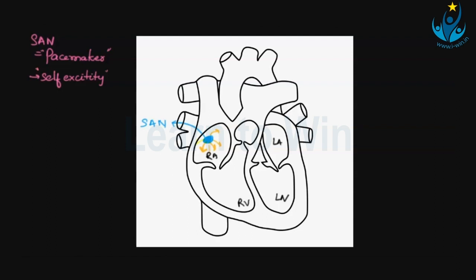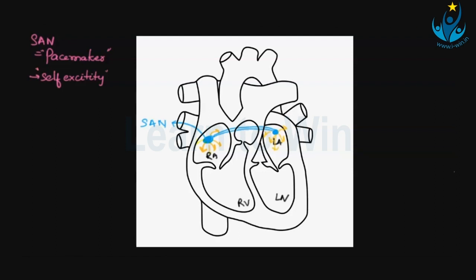Simultaneously, at the same time, the impulse has to move to the left atrium also, and from there the impulse will move completely towards the entire muscular structure of the left atrium.